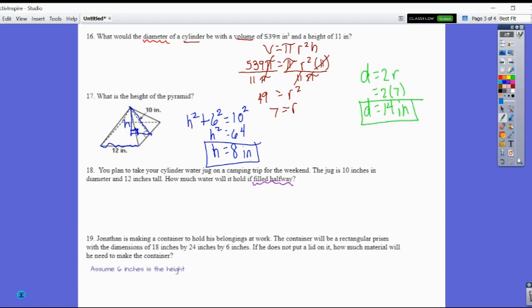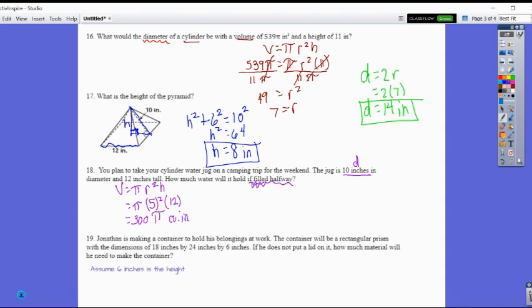So start out then, we're going to do the volume of the cylinder, pi r squared h, and plug in radius then. I've got a 10-inch diameter, which means that my radius then is 5. So we're going to do 5 squared times the height, 12 inches tall. So total volume then is 300 pi cubic inches.